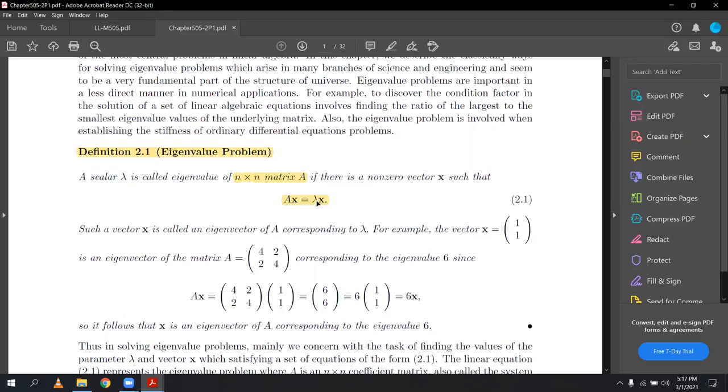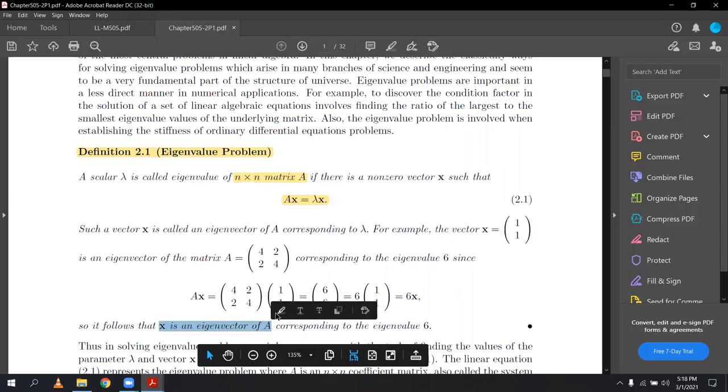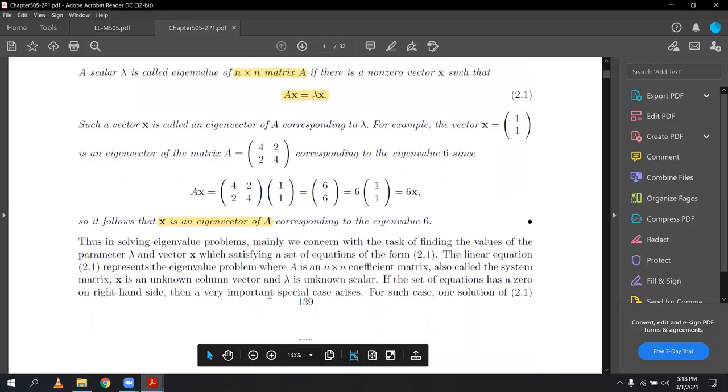So we have to deal with this equation or system, and we have to find two things: lambda and x. Lambda we call the eigenvalue of a matrix A, and x we call the corresponding eigenvector of A.